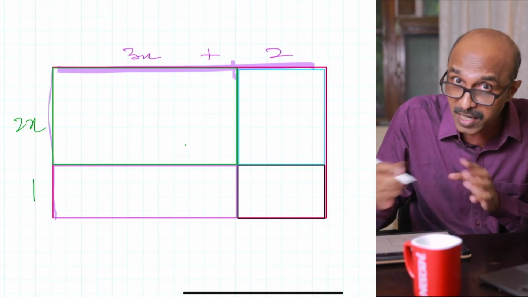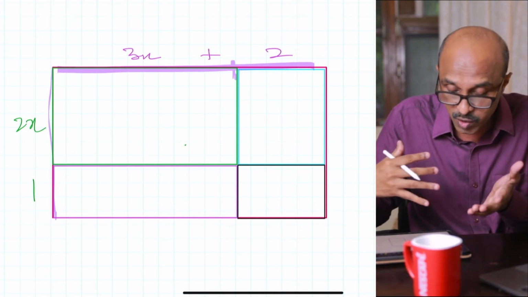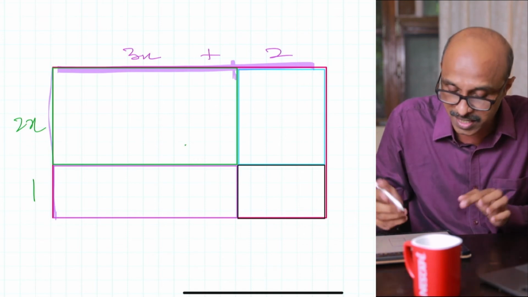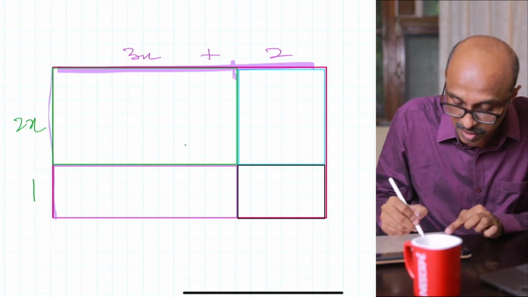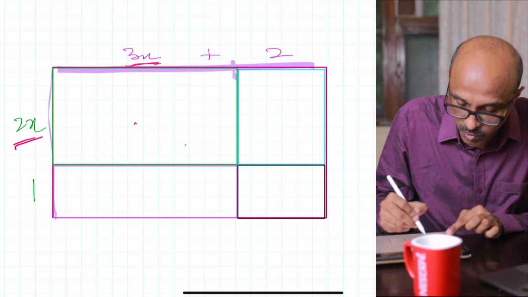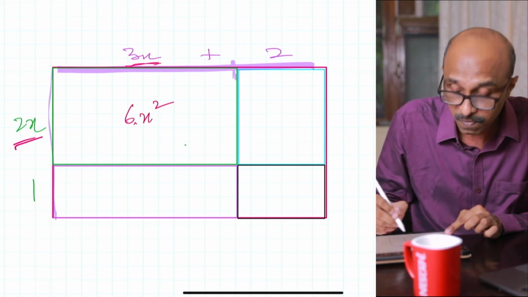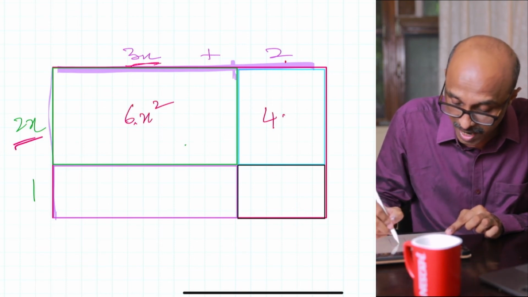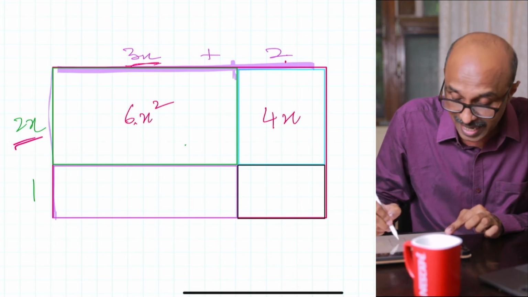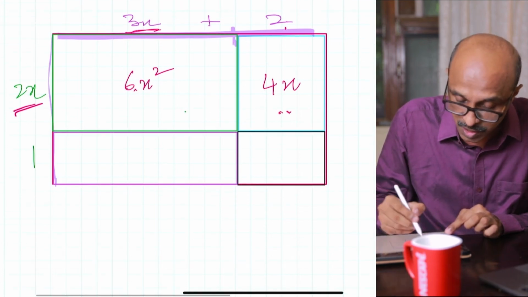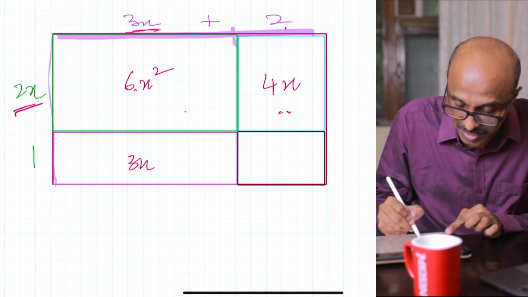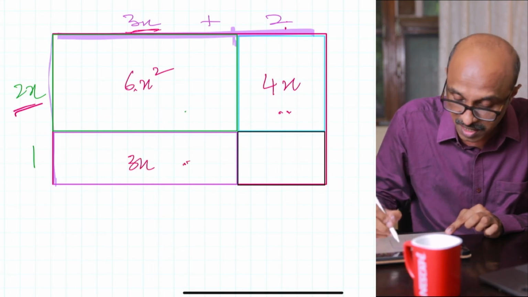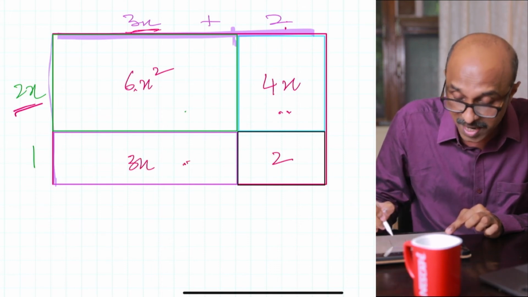As such, when we multiply, again, let's use the grid method because we're trying to generalize for any number x. The area of this rectangle, 3x times 2x, gives me 6x squared. 2 times 2x gives me 4x. That's the area of this rectangle. Then 3x times 1 gives me 3x. That's the area of this rectangular piece out here. 2 times 1 gives me 2. That's the area of this rectangle.